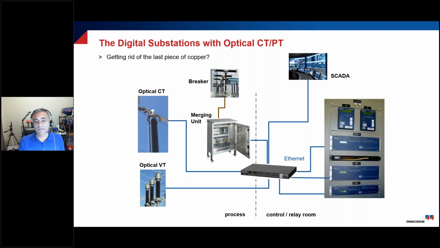In this case, there are absolutely no copper cables from the CTs or PTs, but the merging unit itself, which takes that data and distributes it out to the individual relays, still has copper to trip and close the breakers to control these big switches. So that's the merging unit right there.